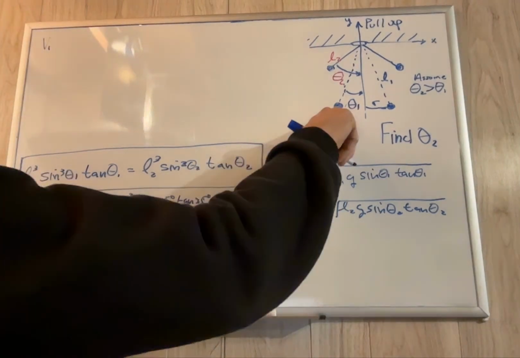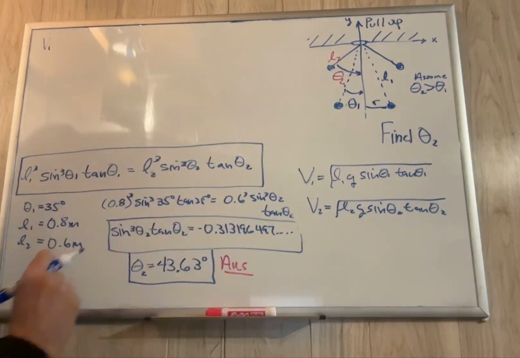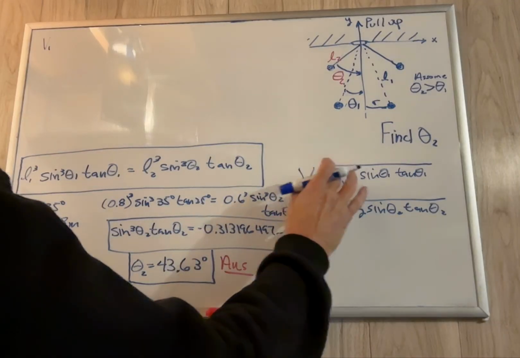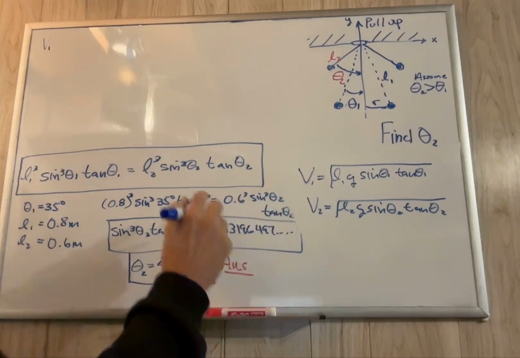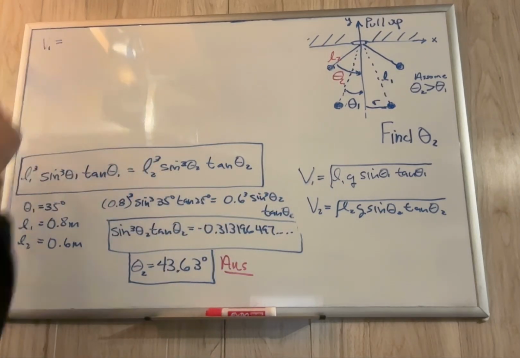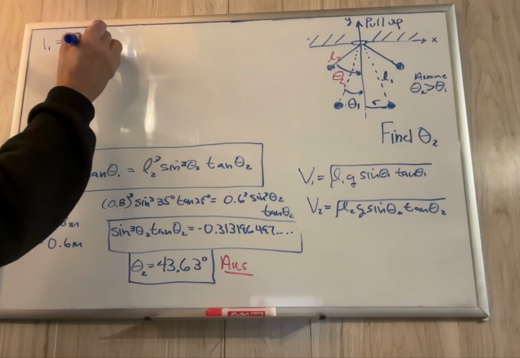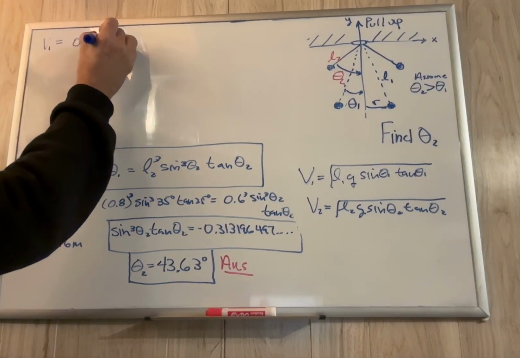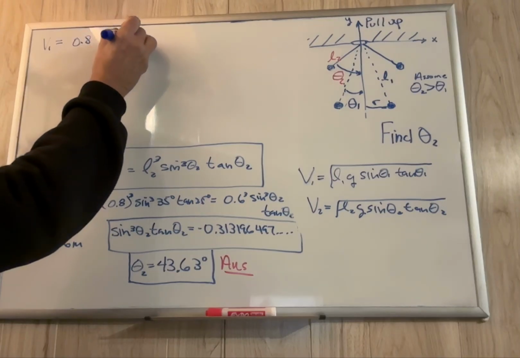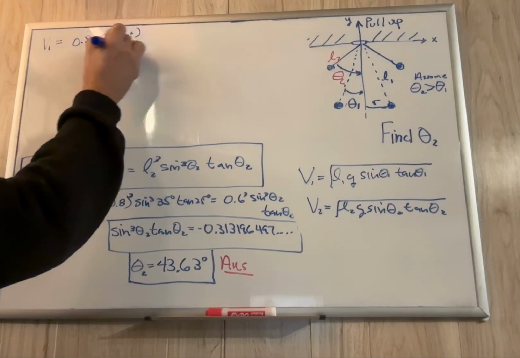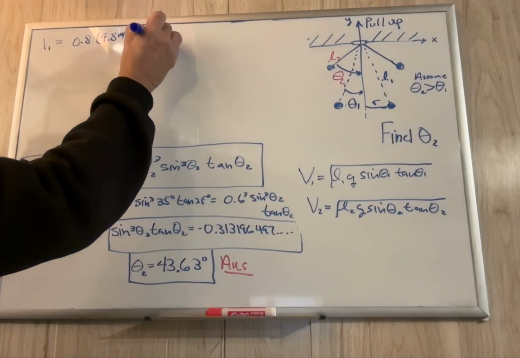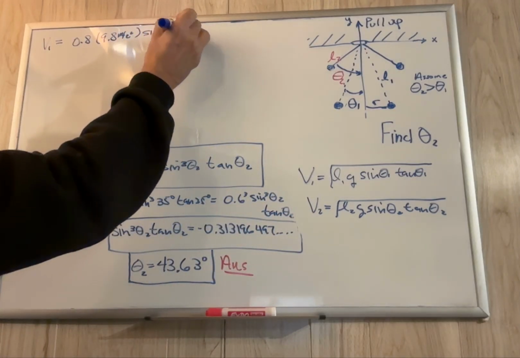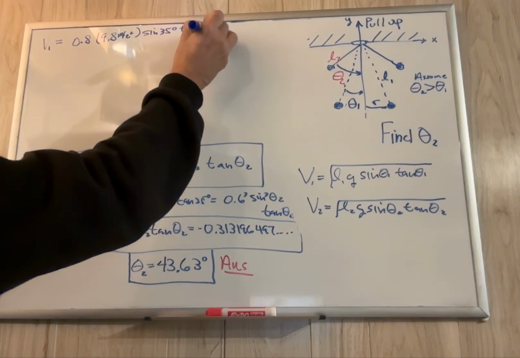You're going to have a velocity down here, velocity 1, and a velocity up here, velocity 2. So we can plug in our L's and our thetas and go from there. Velocity 1 is going to be equal to the square root of L1, which is 0.8, times the pull of gravity, in this case 9.8 meters per second squared, times the sine of 35 degrees times the tangent of 35 degrees.